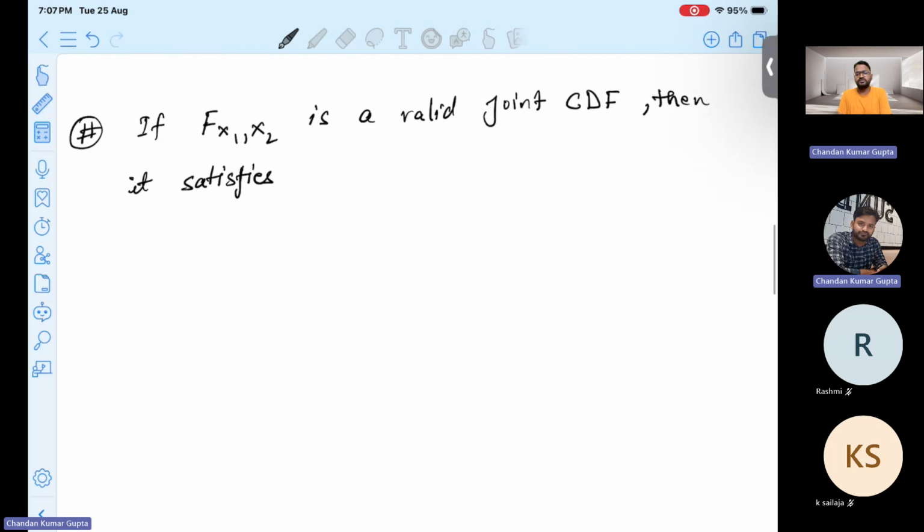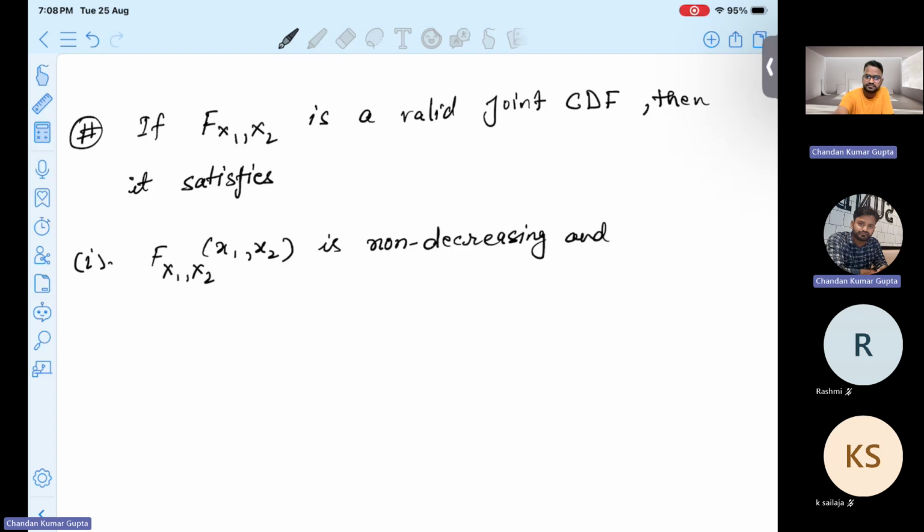As in the univariate case, we define two or three properties, in the same manner, here also we define some properties. The first is that F(x1, x2) is non-decreasing and continuous from the right.